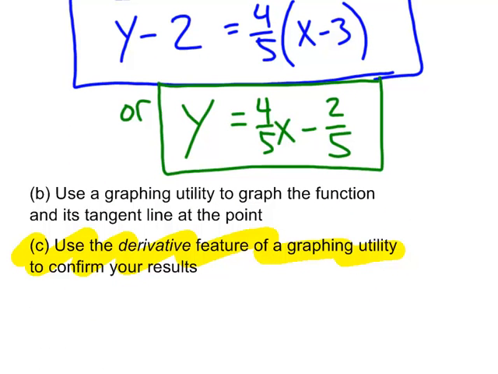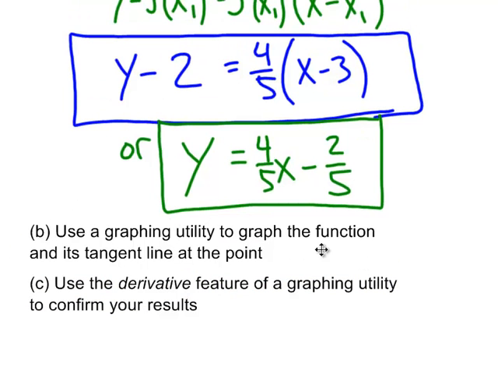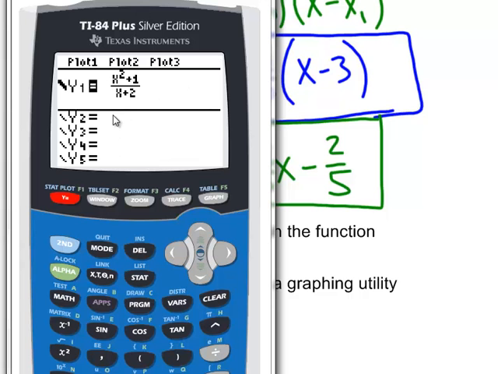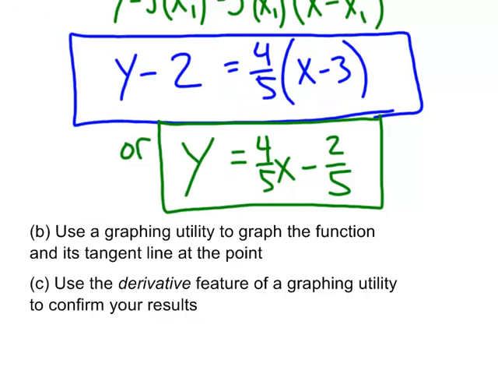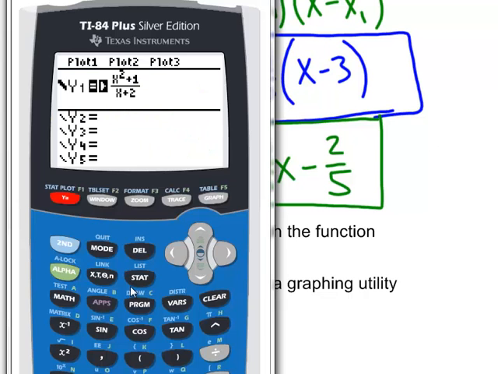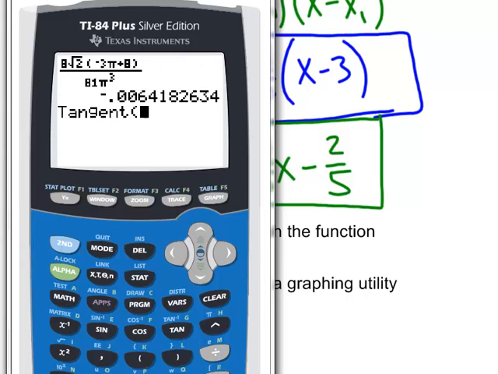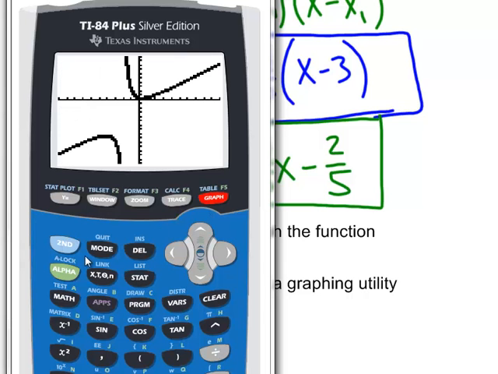All right, so what we really just did there was use the derivative feature of the graphing utility. I'm going out of order here a little bit. As far as graphing the tangent line, I could go to y2 and type the tangent line equation in there, but let's go ahead and just use the tangent feature of the calculator. Remember that that's second draw, and we can go to option number 5, so I'll press 5 here. Oops, let me try that again.